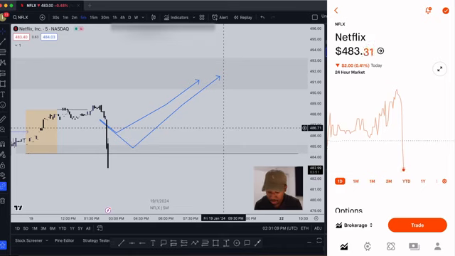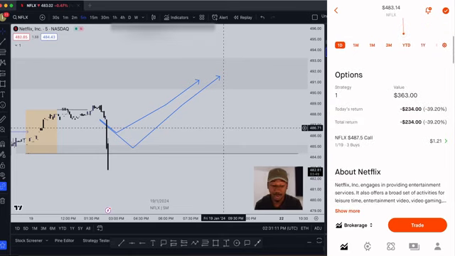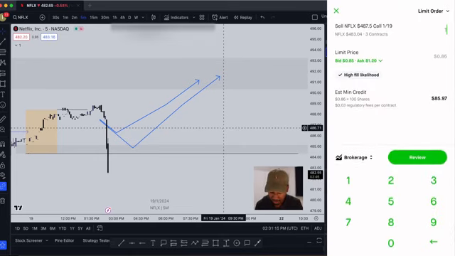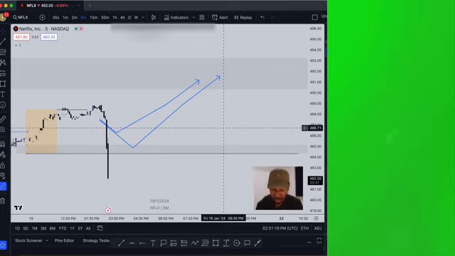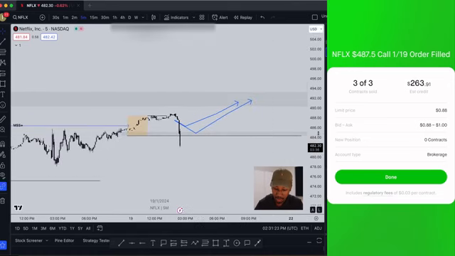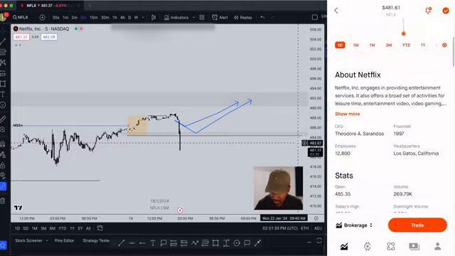Okay, this is going against me. So this is how you lose money trading options. So I'm going to sell out of that. I'm going to sell out of all those because it fell through my level, and this is the risk of trading options. Just lost the grip right there.